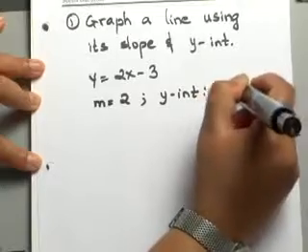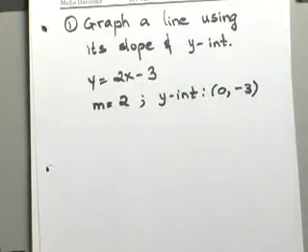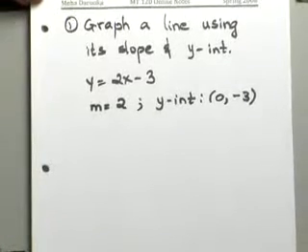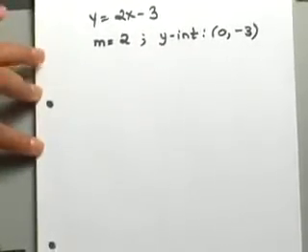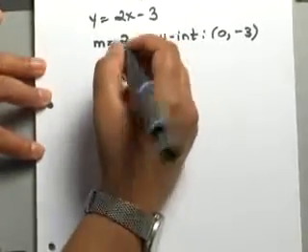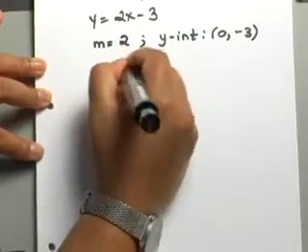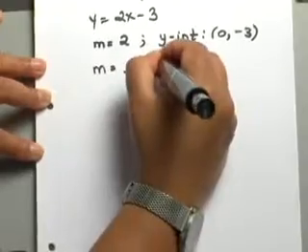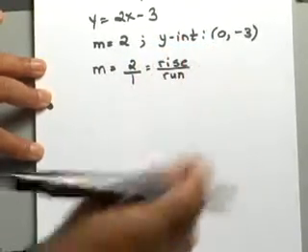That tells me my y-intercept is (0, -3). Using this information, we can go ahead and graph this line. Remember, you can think of your slope as 2 over 1, where 2 is the rise and 1 is the run.